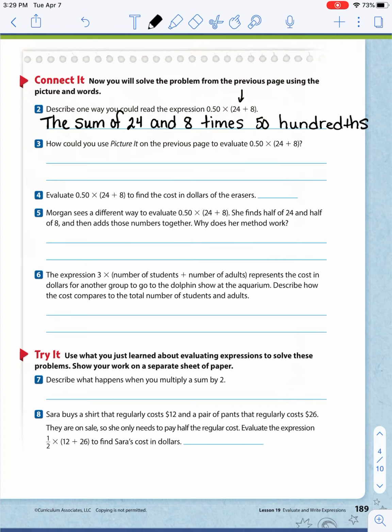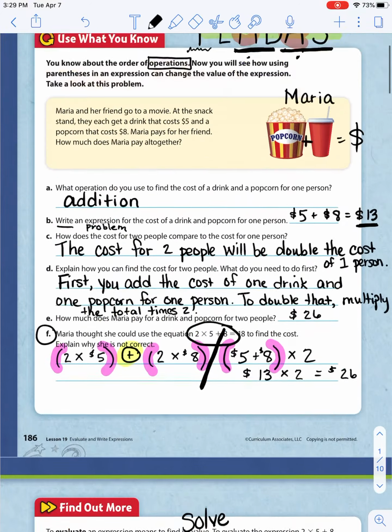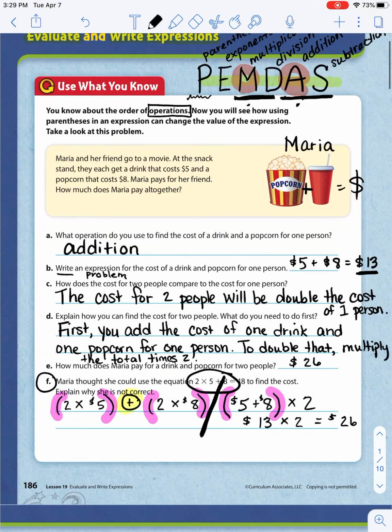I noticed that on the last assignment I gave you, the popcorn day, on the Google Doc, for those of you that opened it up, I said to you, what if Maria adds another friend that she's going to pay for? And so now she has 3 people that she's paying for. The big part of my question was, what would your new equation be?